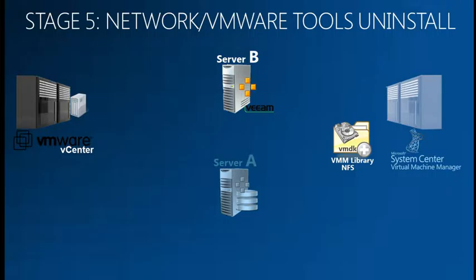So network and uninstall. This is where we gather the network info, make sure that we've got everything that we need. We save that off to a file, and then uninstall the VMware tools. And this is the really tricky part, because the way that we're uninstalling the VMware tools is basically through vCenter's ability to access the guest through the host, which is via VMware tools.